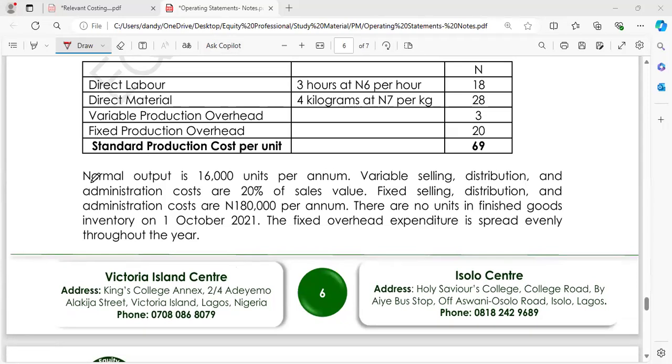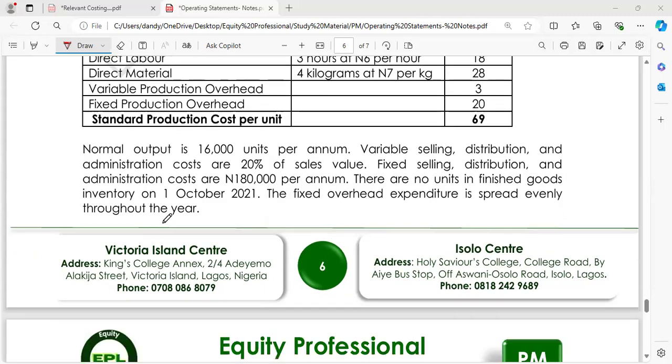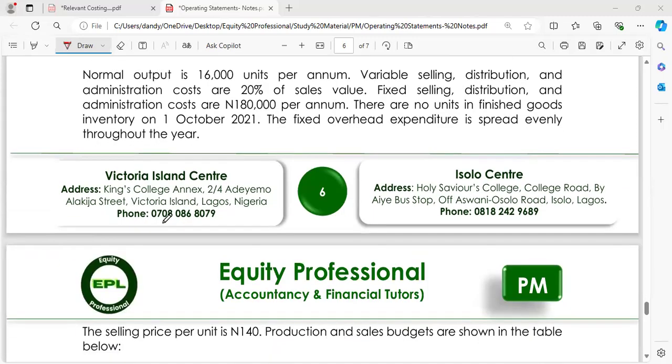Normal output is 16,000 units per annum. Variable selling, distribution, and administration costs are 20% of sales value. Fixed selling, distribution, and administration costs are 180,000 per annum. There are no units in finished goods inventory on 1st October 2021.